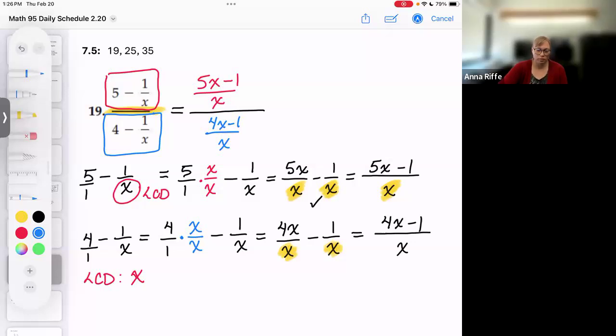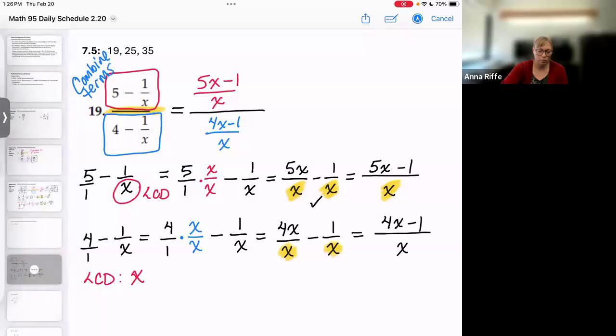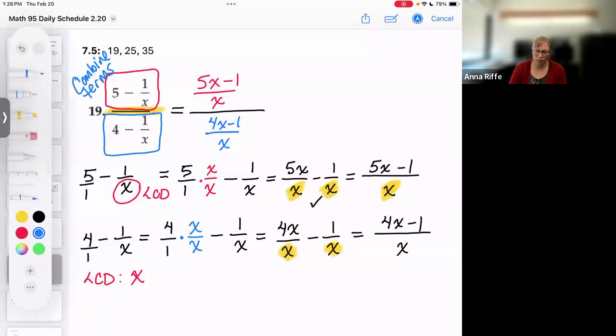So there's step 1. We combine terms. We wrote the terms on top as a single fraction, wrote the terms on bottom as a single fraction. Once I've done that, I can rewrite this division, which is what that fraction line is, as multiplication.